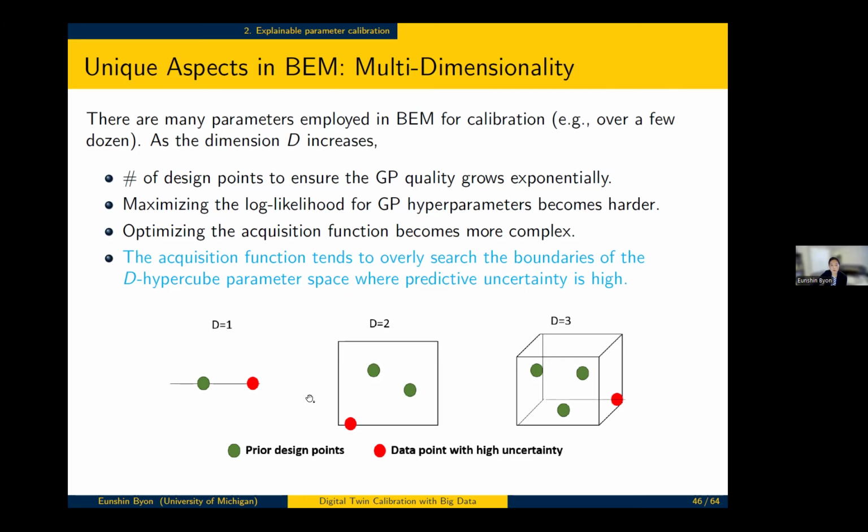So for example, here are the design points when D equals 1, 2, 3, and green marks the prior design points, and we want to decide the next design point. And in BO, in early iterations, it has to choose the next design points on the boundary.